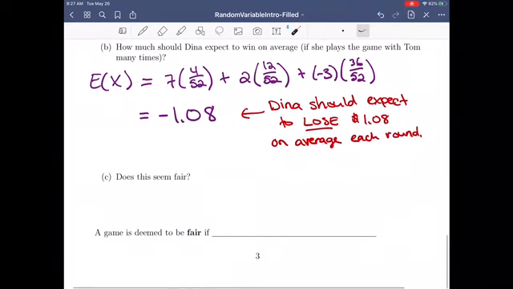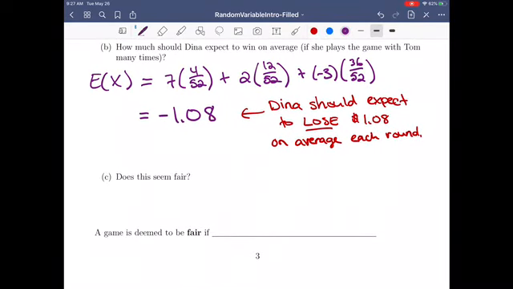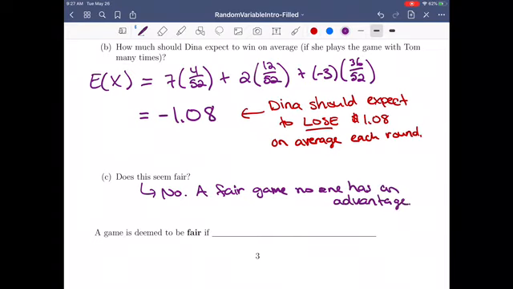So does this seem fair? Well, maybe if you're Tom, you might think so, but not if you're Dina. So we call this not fair. In a fair game, no one has an advantage. Here, Tom is expecting to win more often. So maybe I'll write Dina expects to lose $1.08.